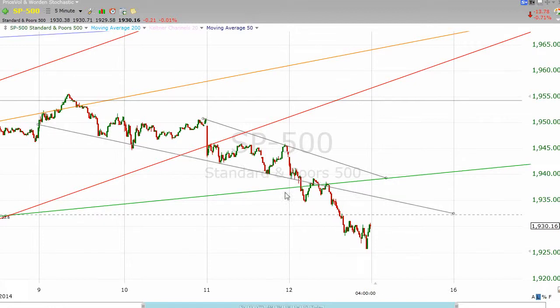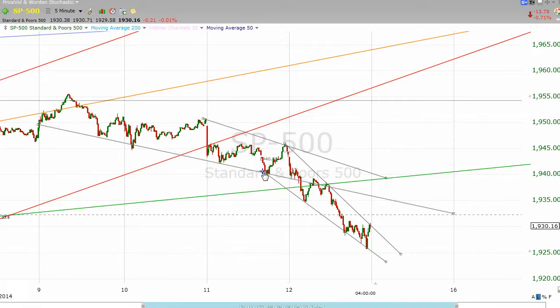So you don't normally expect descending lines to give way like that. Maybe that's a sign that some of the selling is now being worked out of the market, and this descending channel that we had been in turned into something a little bit more steep over the past day and a quarter.